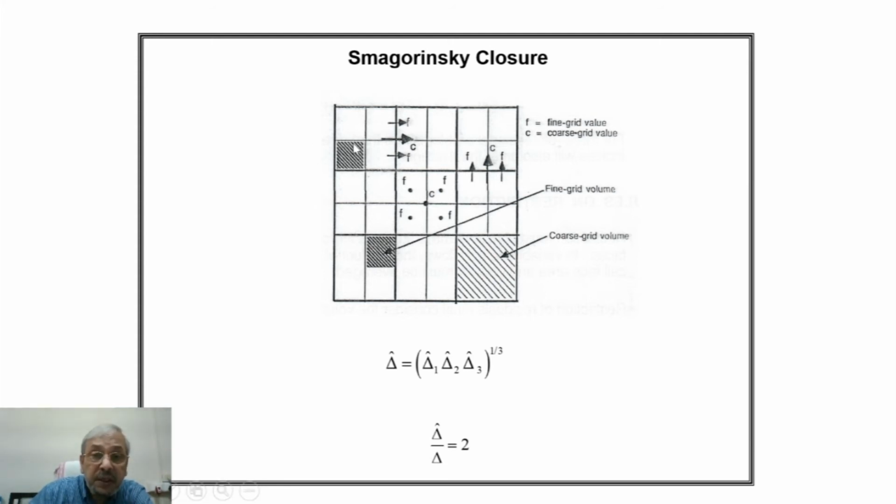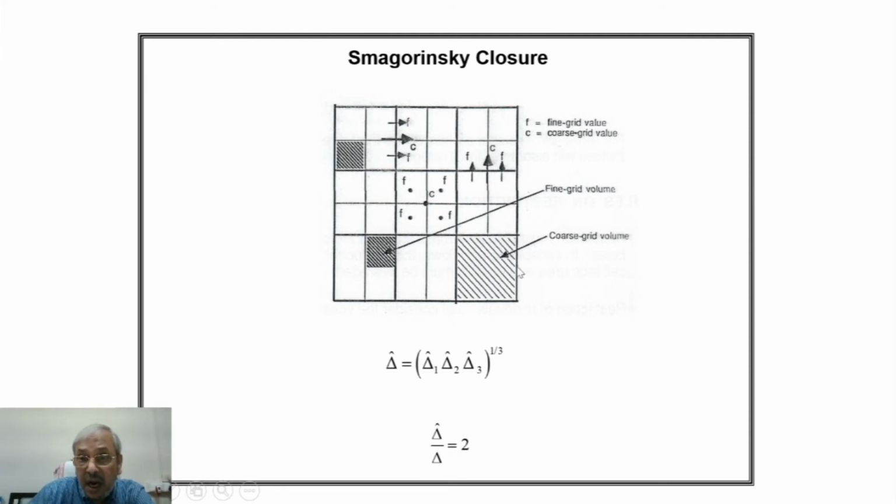That means a grid with this much length in x and y direction and the same length in z direction, imagine the cube, with this much length, this much height and this much depth. So the ratio of test filter to grid filter will be 2.